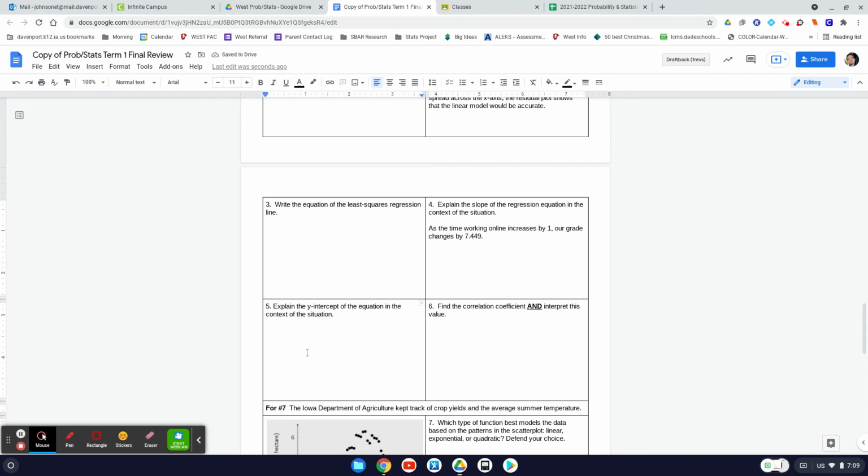To explain the y-intercept, or our initial value, that is our B, so we would say we started with B, or in this case, 57.26 as our grade.